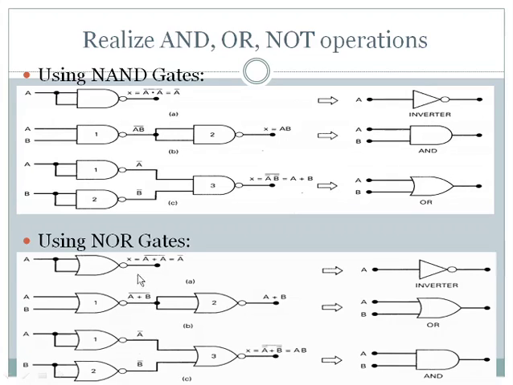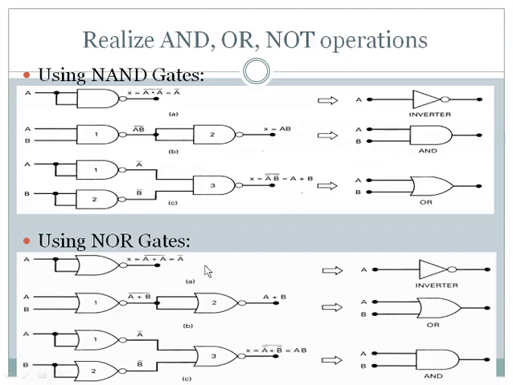So that means we can obtain the OR operation, and this can be done by connecting this output to the input of a NOT gate. But instead of using a NOT gate, we have already realized the NOT operation by using a NOR gate. So this output is given as input for both the inputs of the NOR gate.